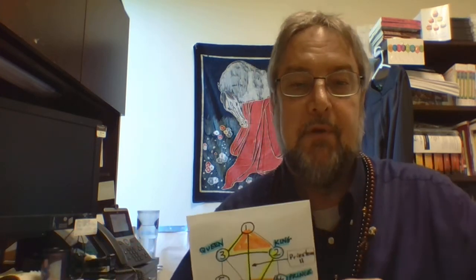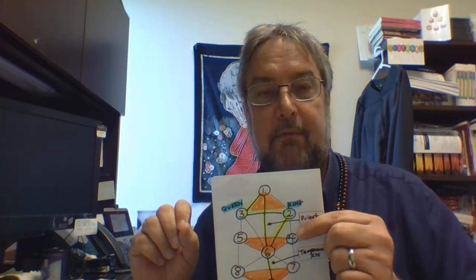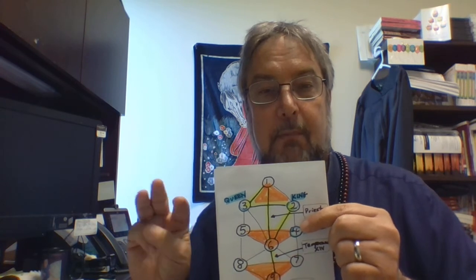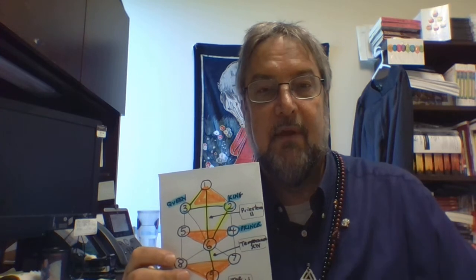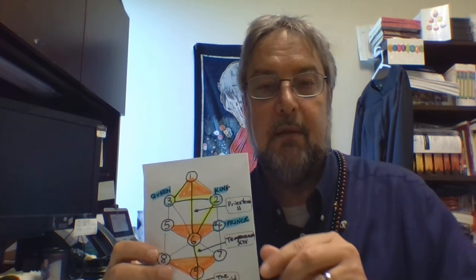And the first thing I need to address is I made a mistake yesterday when I was talking about the big three in the Thoth Tarot, the pathway of the Emperor, the Empress, and the Magician, those three elements of sulfur, salt, and mercury that form the basis of the great work in alchemy.